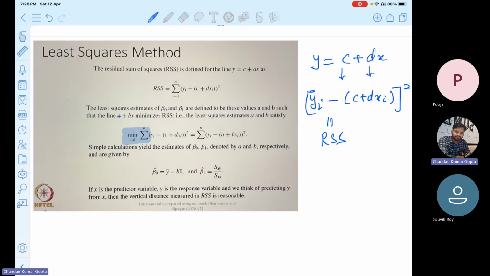Yes, sir. Okay. So here we have this RSS. We need to differentiate this with respect to the parameter.